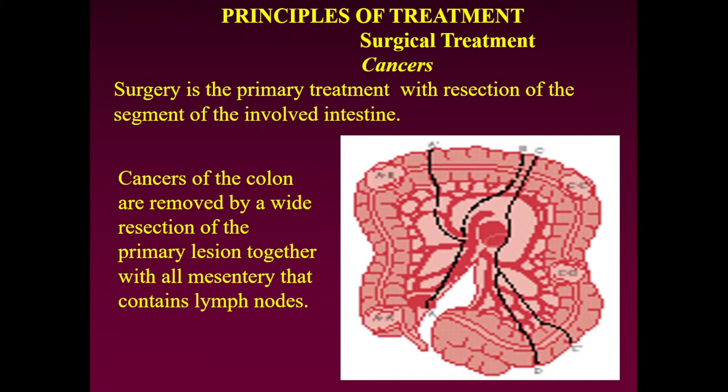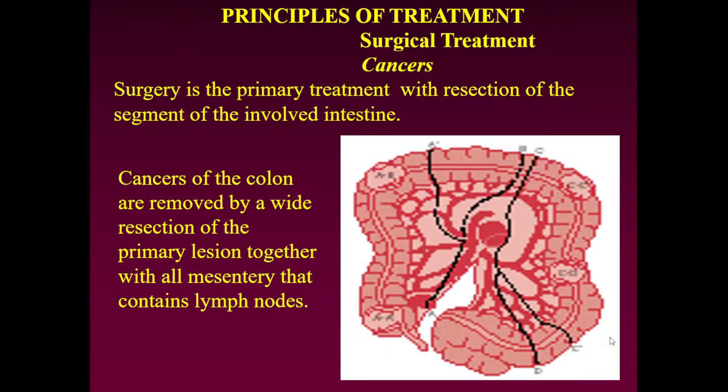Surgery is the primary treatment, with resection of the segment of the involved intestine. Localization in the cecum, liver angle, middle part, or ascending colon: we must do a right-side hemicolectomy. In the transverse colon, we do resection of the transversum with lymph dissection.